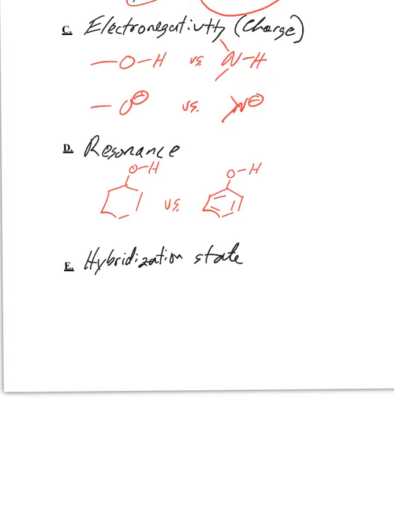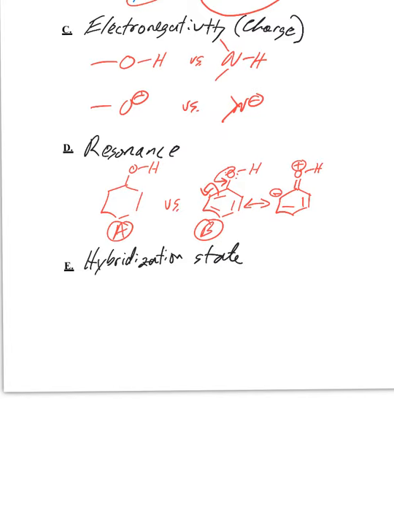So resonance, which one of these is more reactive, A or B? How is resonance playing a role? Resonance makes things more stable, right? So you could draw a resonance structure with this one. So what does that tell you about this hydrogen?